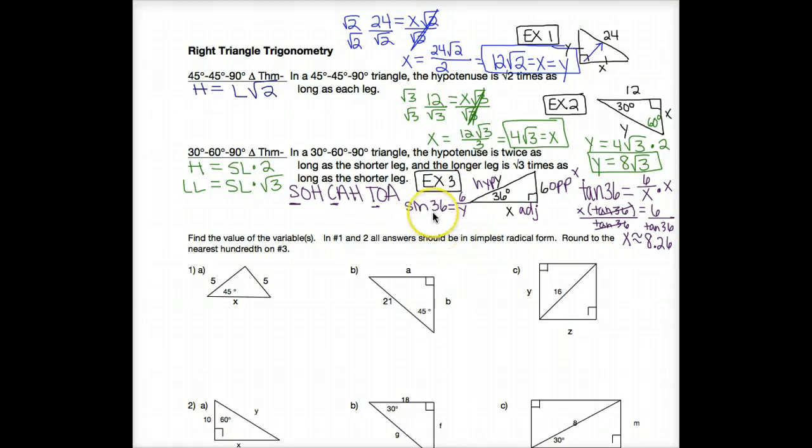Now you'll notice that this is set up exactly like the one where we solved for x. And the one where I solved for x here, you can see I multiplied by the x first and then I divided by the tangent of 36. But what ended up happening is that the tangent of 36 and the x switched places.